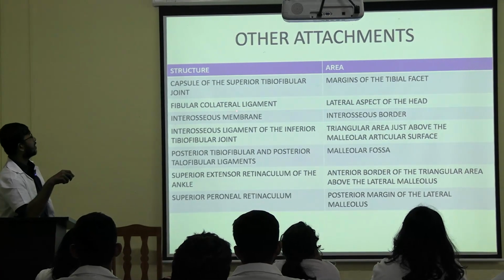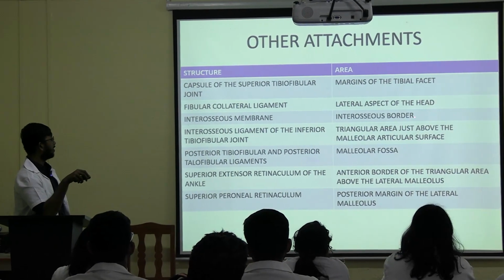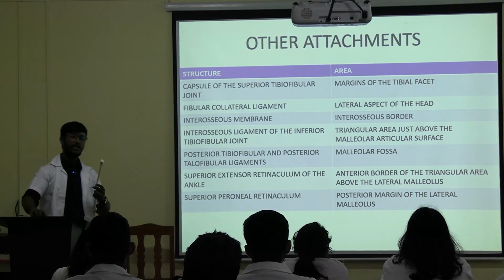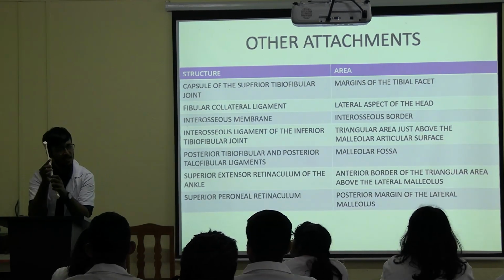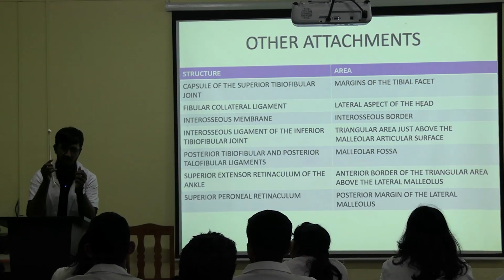Then the fibular collateral ligament is present in the lateral aspect of the head. The interosseous membrane is at the interosseous border, present between the fibula and the tibia.